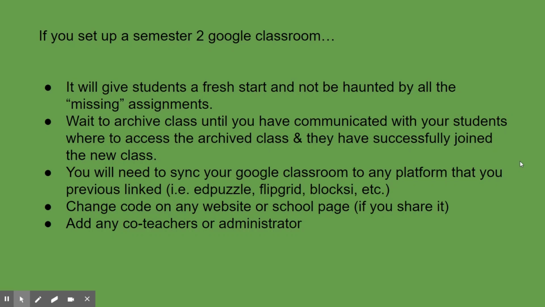They're not going to see all those missing assignments if they maybe had a hard time adjusting first semester. You're going to want to wait to archive any of the Google Classrooms until after you've talked to your students or communicated the changes to them and let them know how to access the archived class, which I made a quick video on that you could easily link if you wanted to, or just walk them through it during a Zoom or a Meet.